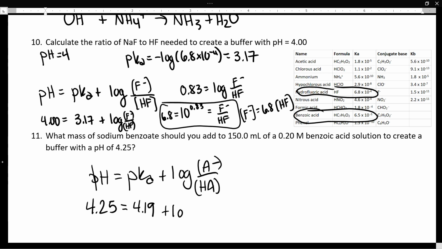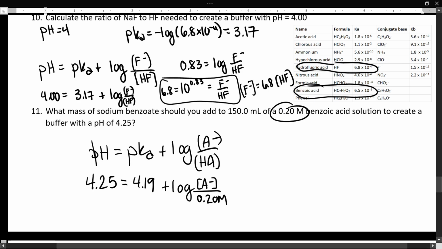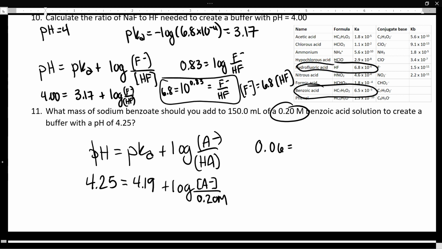And then the log of, we don't know what the base concentration is, but we do know that the acid is going to be 0.2 molar. So we can rearrange here, 4.25, so we end up with 0.06 equals the log of the A minus concentration divided by 0.2.